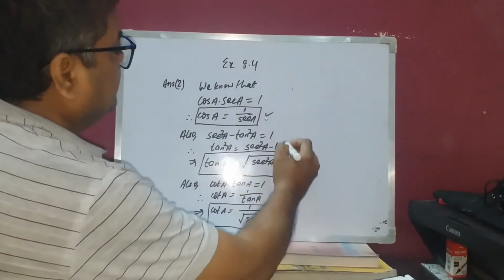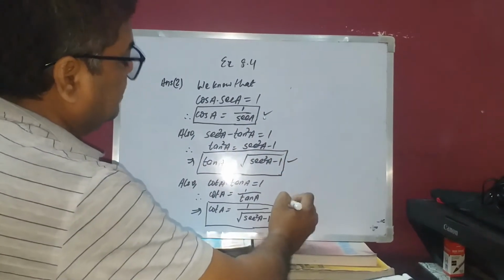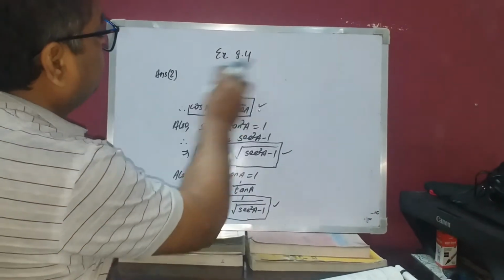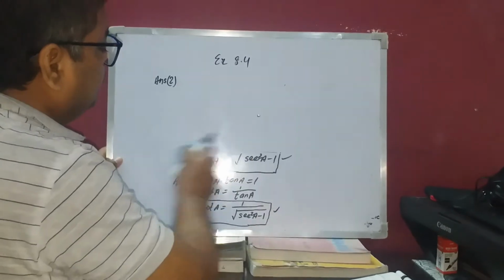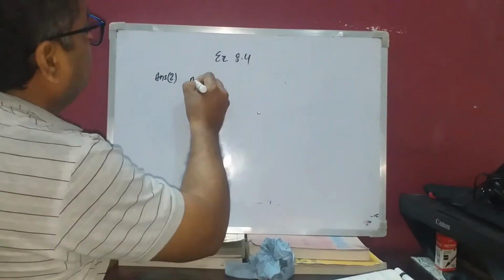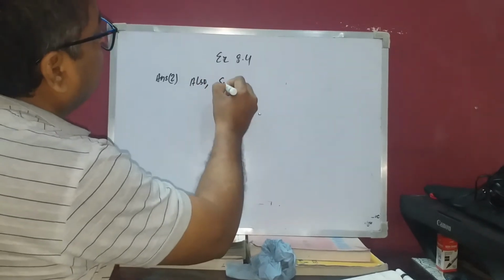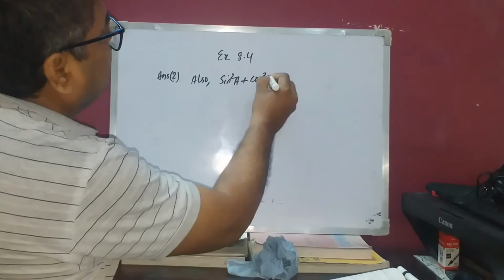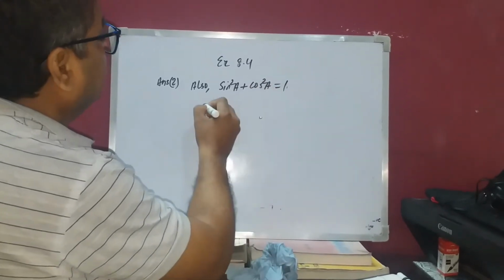This is first, second, third, and two have been left. So also, sine square A plus cos square A equals 1.